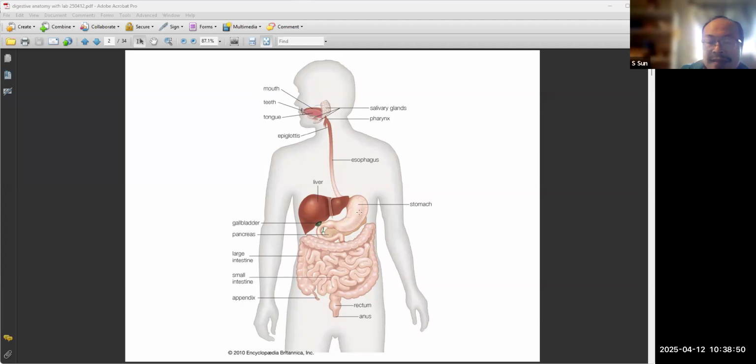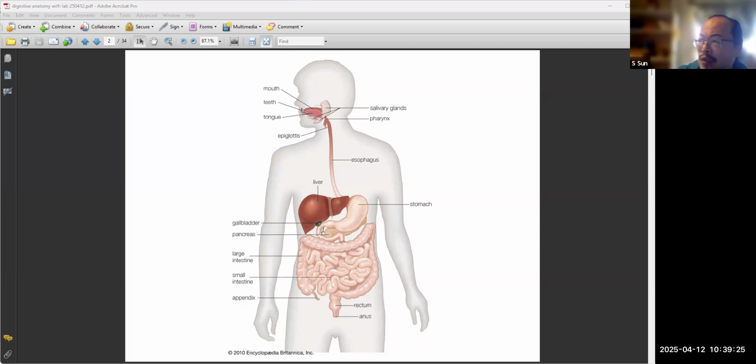With that acidic condition, we can further break down the protein. Protein will be denatured, and the enzyme in the stomach is very powerful to break down the protein. What does it mean by break down the protein? It means it becomes monomers. What's the monomer of protein? That's amino acids.